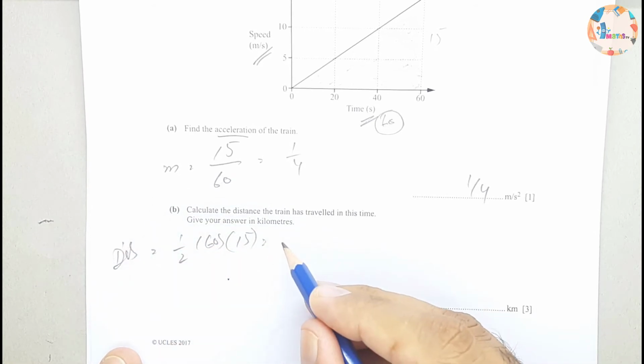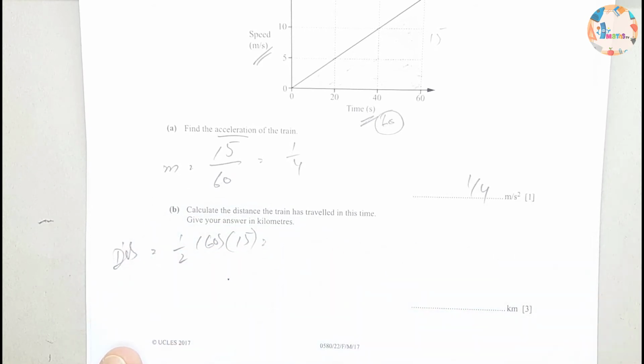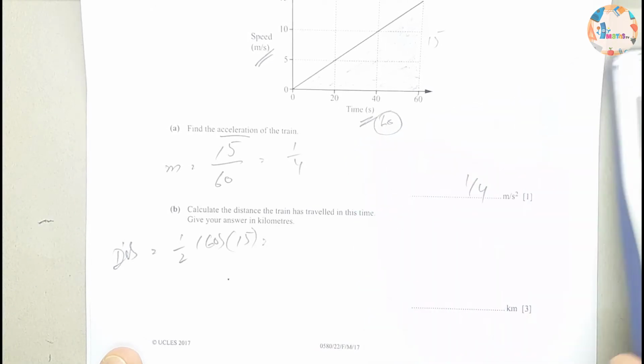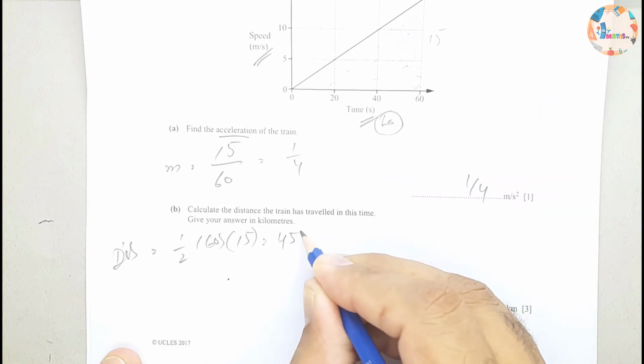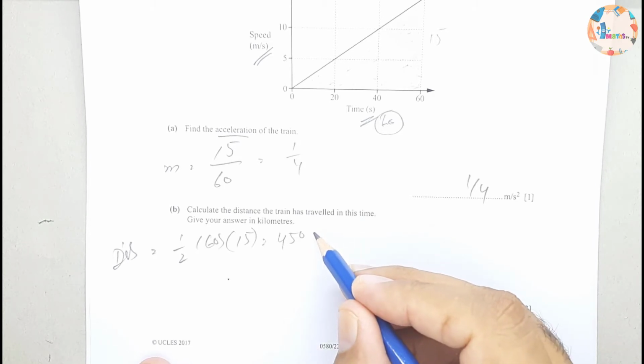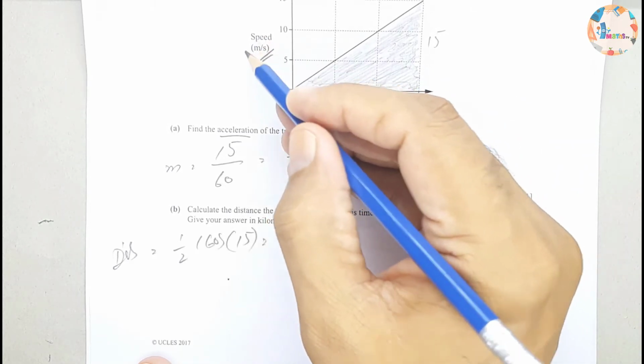So this will be equal to 60 multiplied by 15, divided by 2, which will be 450. This will be meters because this measurement is in meters.